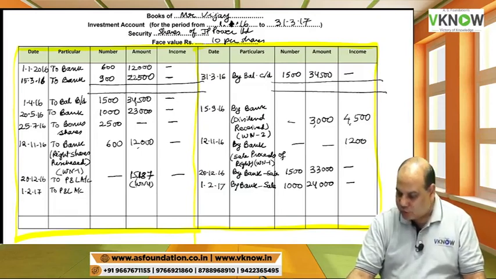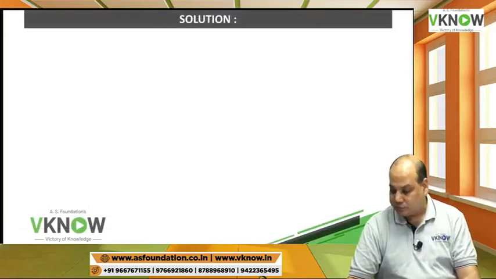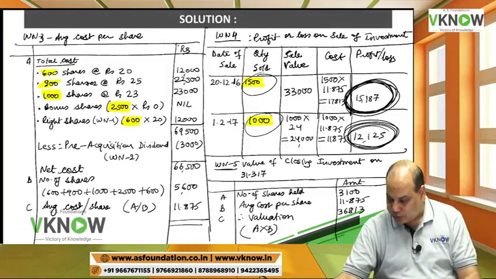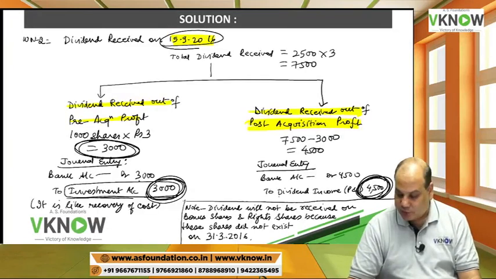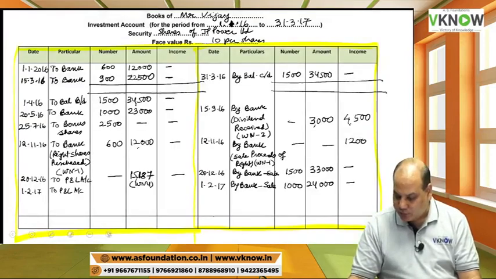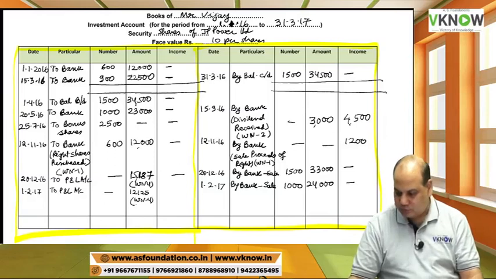Go to working note 4 and tell me how much was the profit on this second one. I will show you: 12125, this one. Everybody please focus, I am trying to solve a very important problem for you.